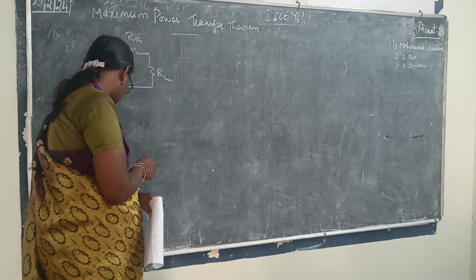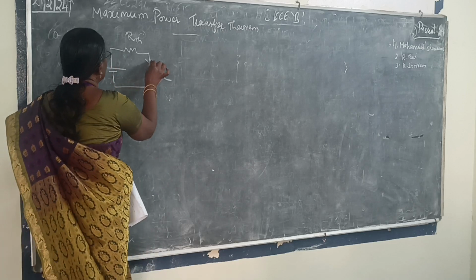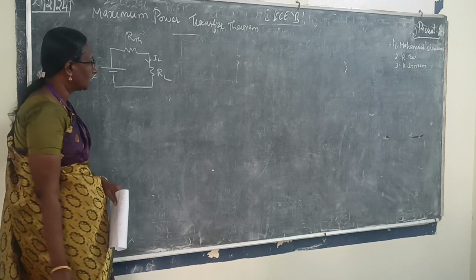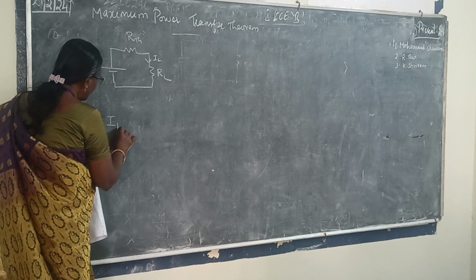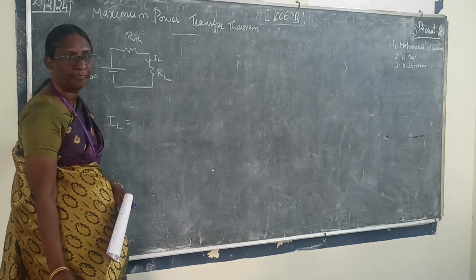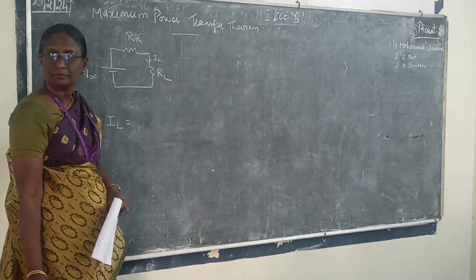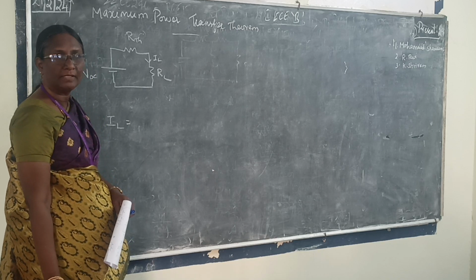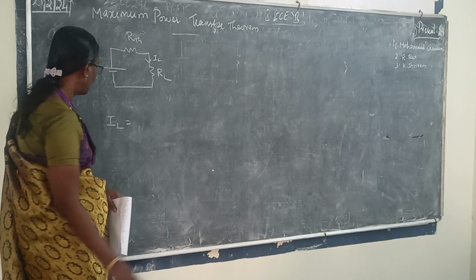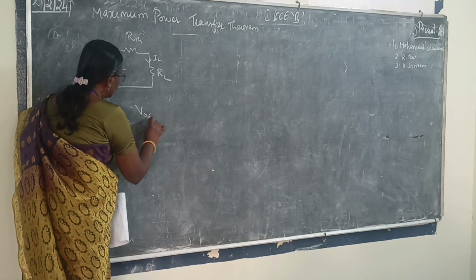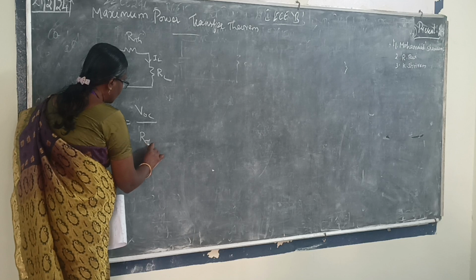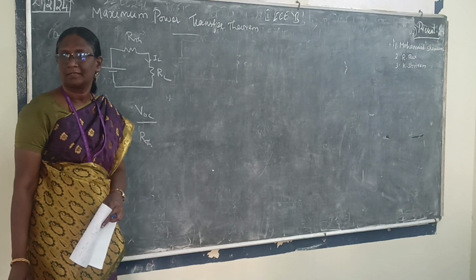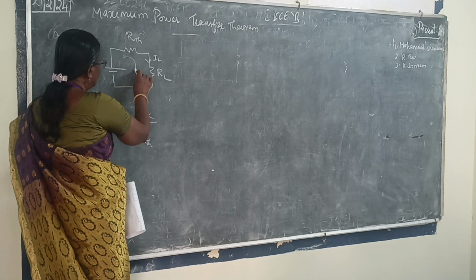How do we find load current? The current flowing here, IL, we consider as the load current. What is the formula of load current? I is equal to V by R, so IL is equal to VOC by RTH. That's it, the current is there.